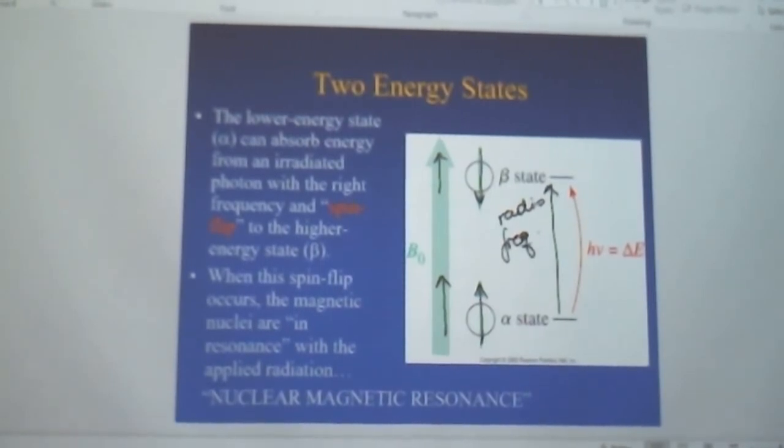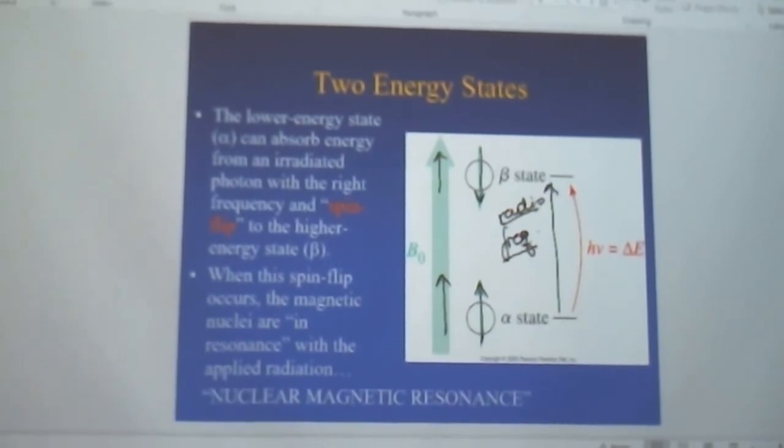It's just the direction of the spin changes. So that is what we are recording: those protons absorbing this radio frequency, flipping, spinning in the opposite direction, and now changing how those magnetic fields are aligned with each other.